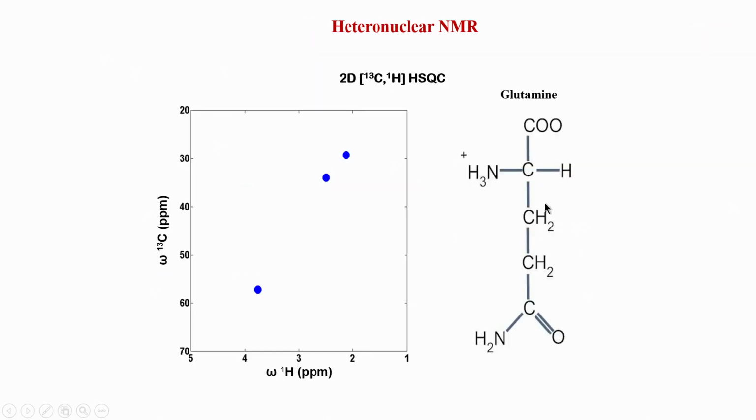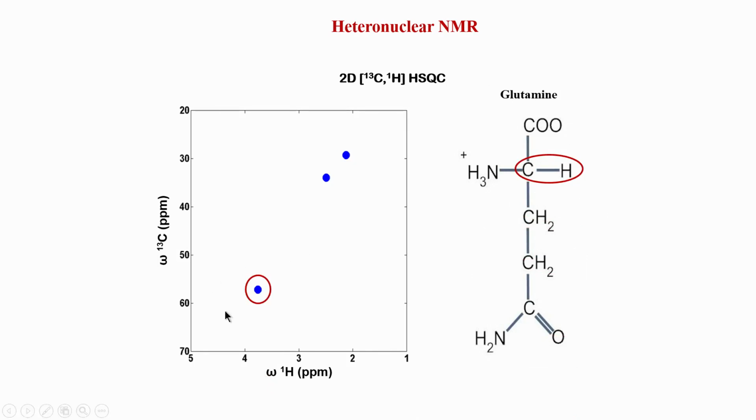Okay. So, let us continue now and look at the peak pattern. How does the peak pattern come in this spectrum? What kind of peaks do you expect to see? Here is an example of a simple amino acid, glutamine. You can see now what correlations we can expect to observe in this spectrum.